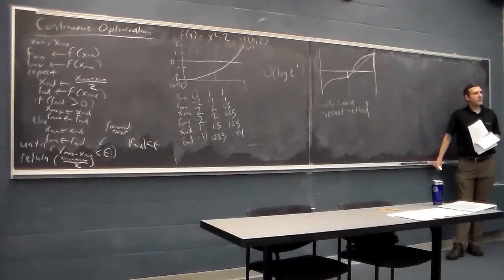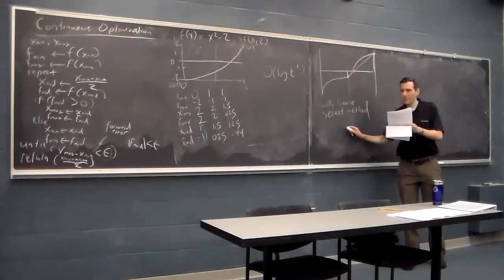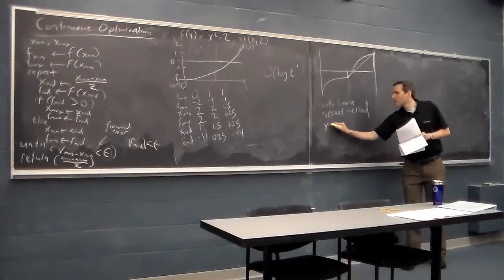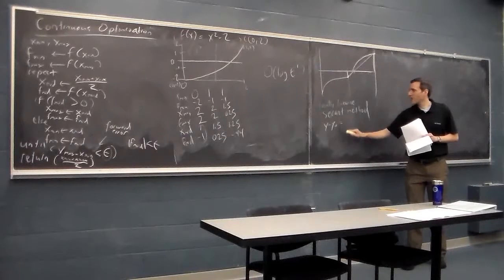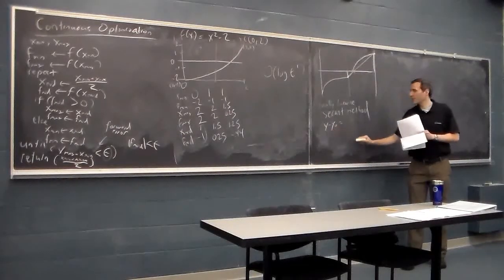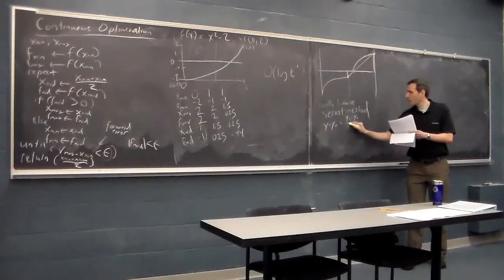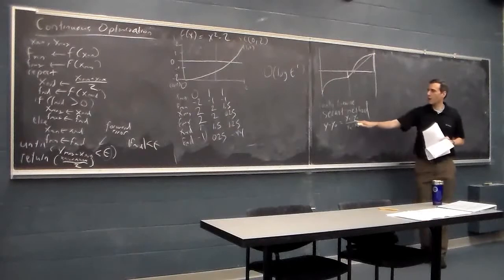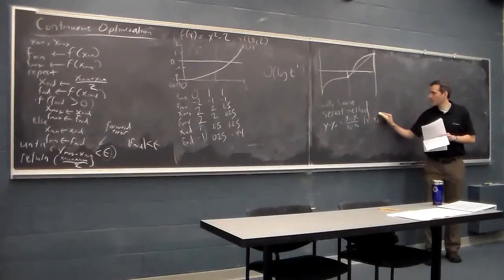So if you remember back to your algebra you may have taken in high school or middle school or whatever, one way of expressing a general formula for a line is to take a point on the line, x0, y0, and then you can express it as y minus y0 equals the slope, which might be (y1 minus y0) over (x1 minus x0) for another point x1, y1, times x minus x0.